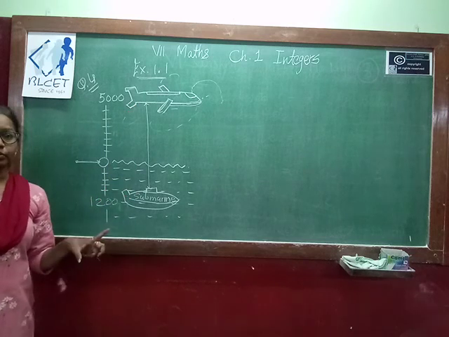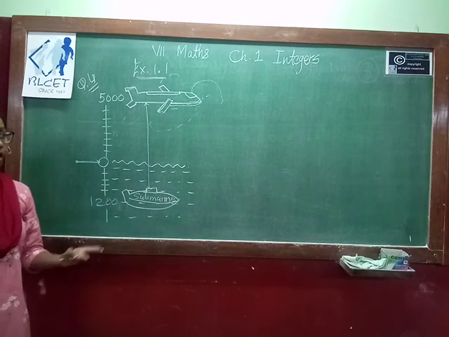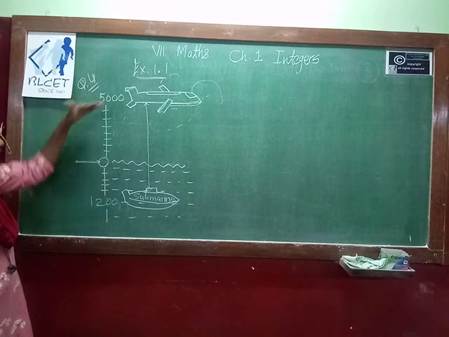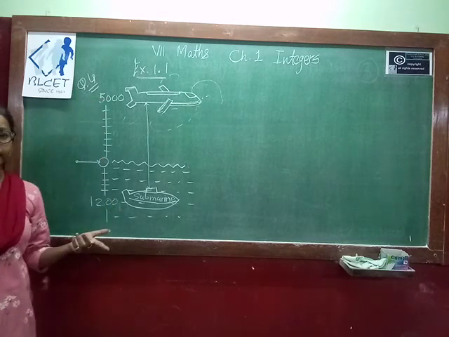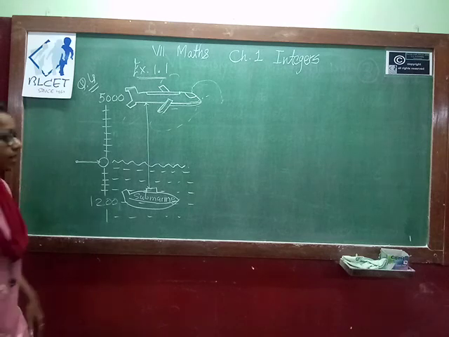So what we have to do? We have to do the addition of this 5000 plus 1200. So what is your answer? 6200. So what we can say?